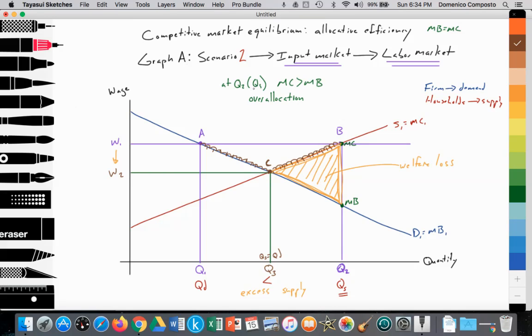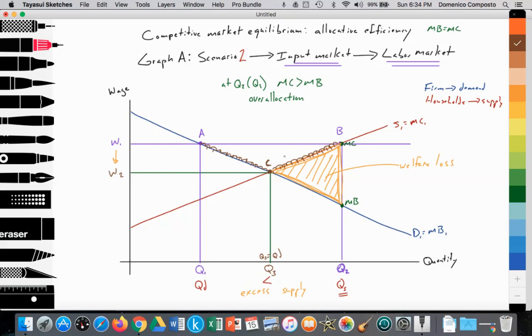Thus there's an overallocation of labor resources generating a welfare loss, which is the shaded triangular area. That would put downward pressure on the wage from W1 to W2.